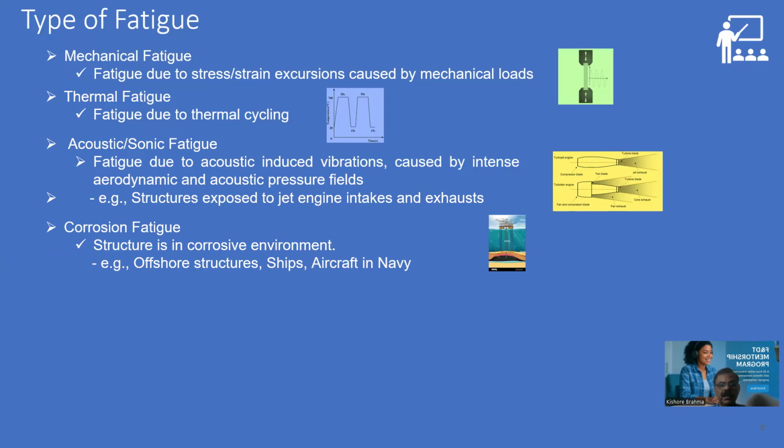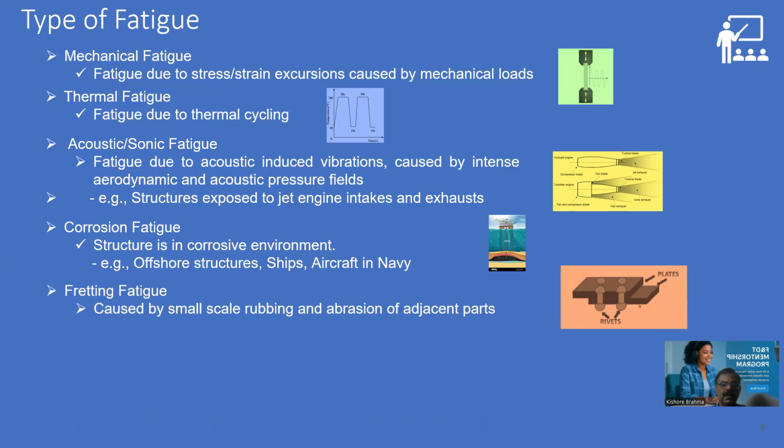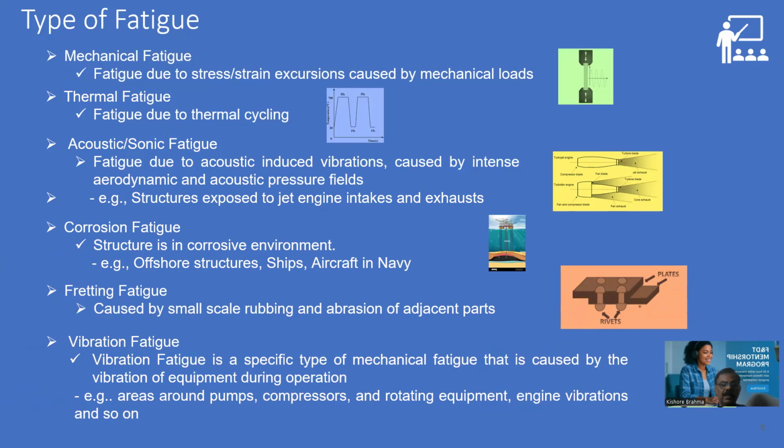Then corrosion fatigue in the presence of a corrosive environment, like offshore structures, ships, and aircraft in the Navy. Then fatigue that occurs due to relative displacement between two plates. And finally, vibration fatigue that occurs due to the vibration of equipment during operation, like a compressor or rotating equipment.